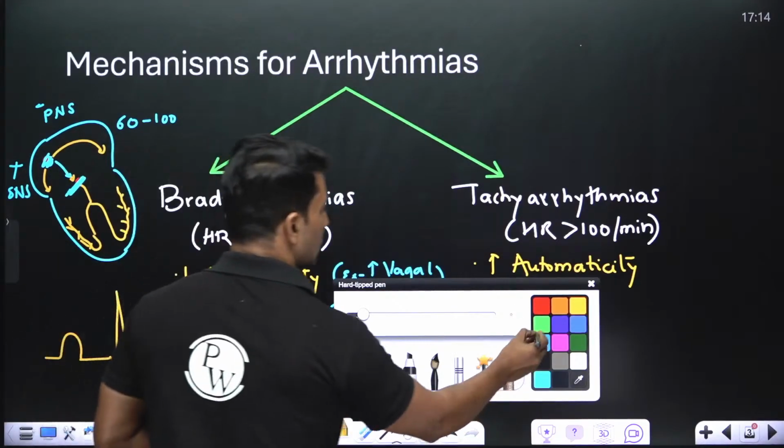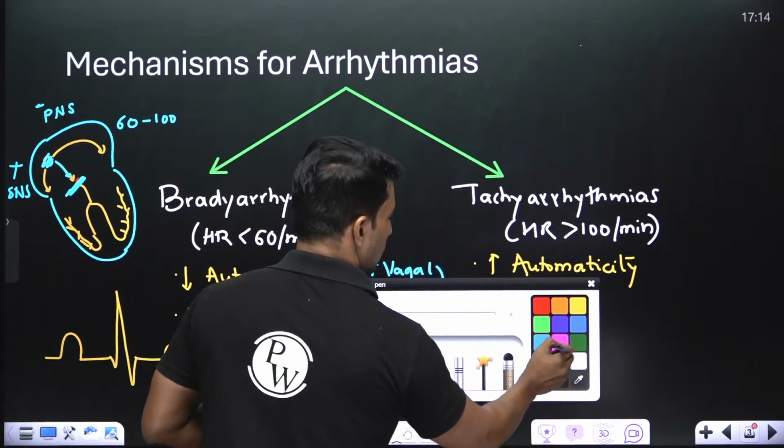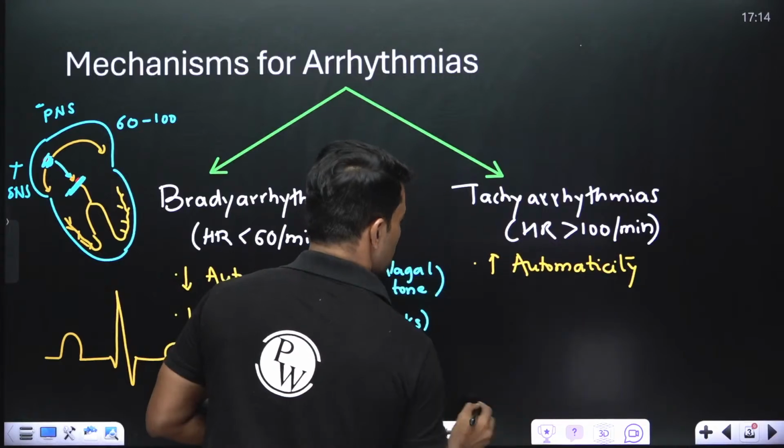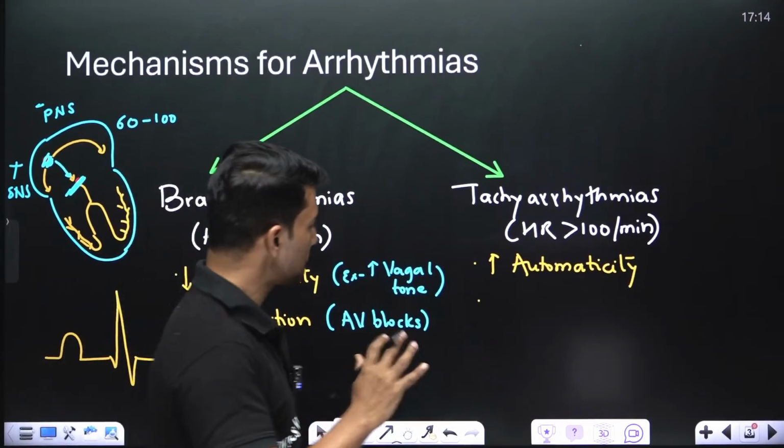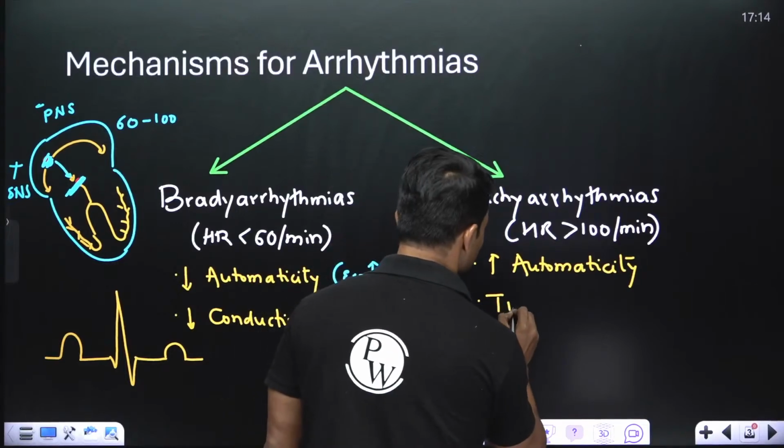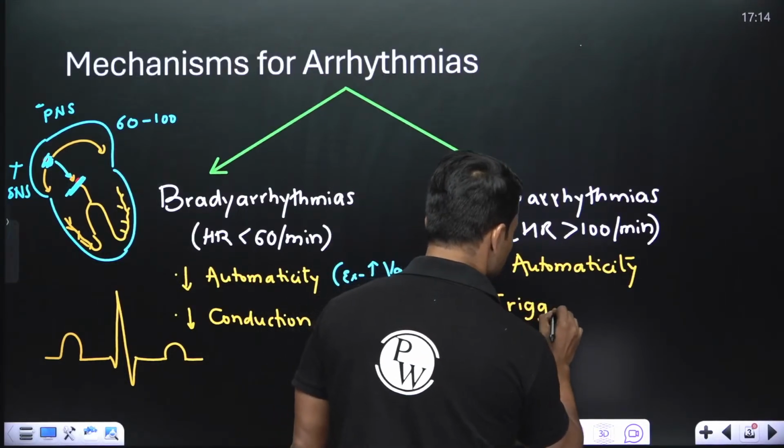What else can trigger arrhythmias? Second, a lot of patients have arrhythmias because of electrolyte abnormality. Such cases are usually because of triggered activity. Now, what do I mean by triggered activity?